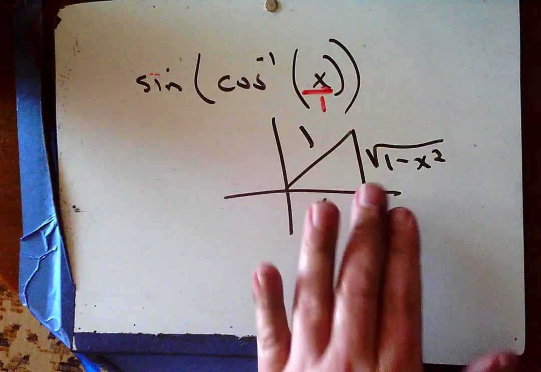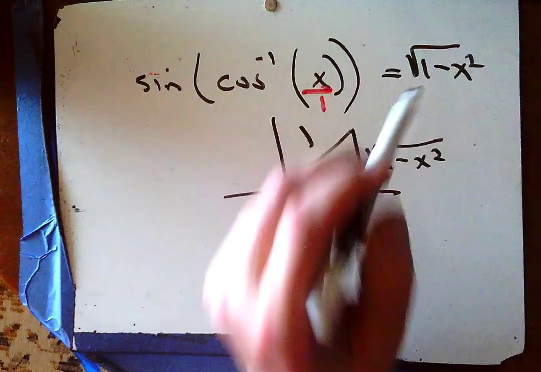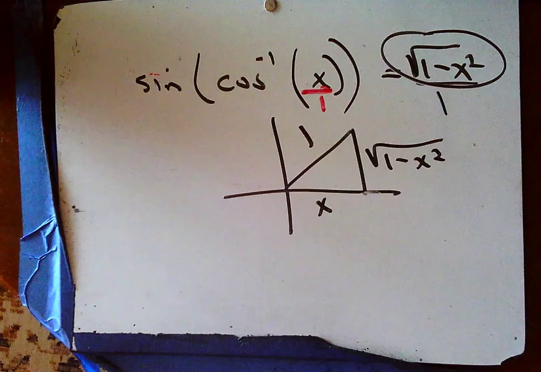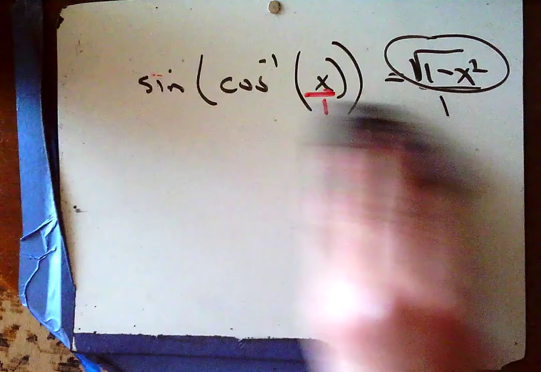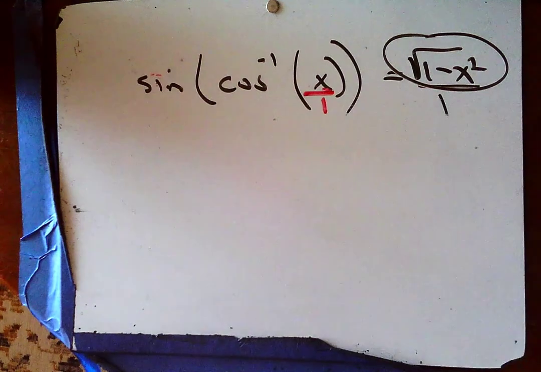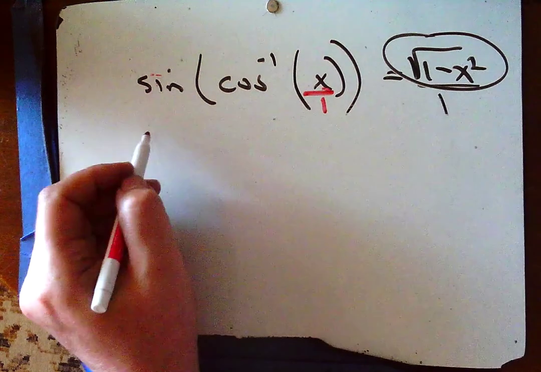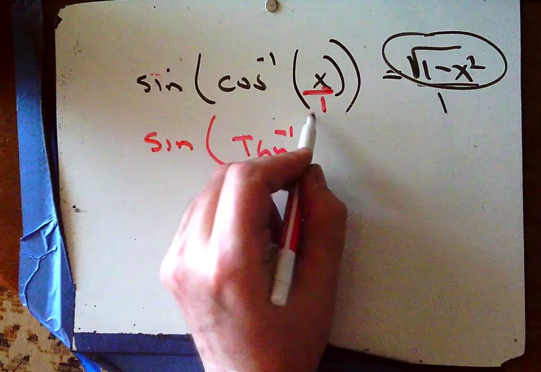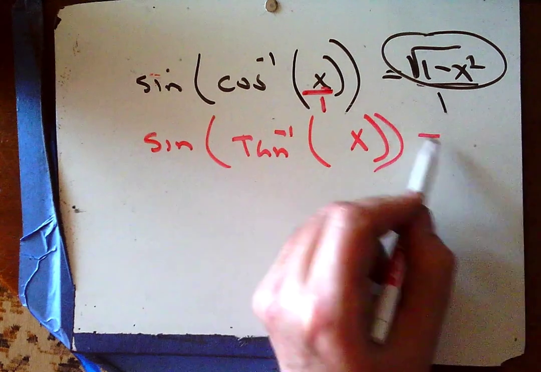What's the sine in this picture? Root 1 minus x squared over 1, or just root 1 minus x squared. Okay? So we're still going to be drawing a triangle, still using the Pythagorean theorem to find the missing side length, and then evaluating our trig ratio. So how about sine of tangent inverse of x? Okay, try that one out.